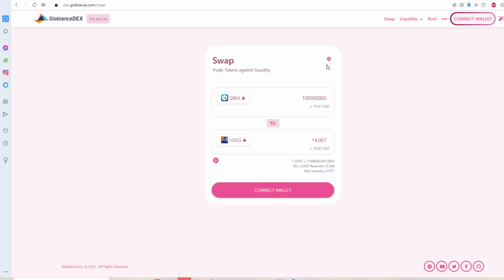Now important is, if the pair is not very liquid, so there is not much liquidity added for now, the so-called slippage can be quite big. It could be that it shows me a minimum of $13, but the potential is maybe $18. So there could be a huge difference between what you could get and what you minimum get.